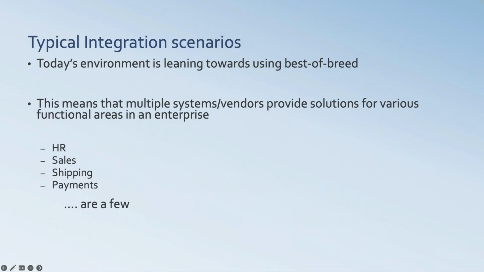So typical integration scenarios. Today's environment is leading us towards more of best of breed. People use Salesforce for doing their sales opportunities, and then they pull in orders into Oracle, or they do HR systems which are outside of Oracle, and then they pull in the employee information for whatever you need on the ERP. Have third-party logistics people who do shipments.